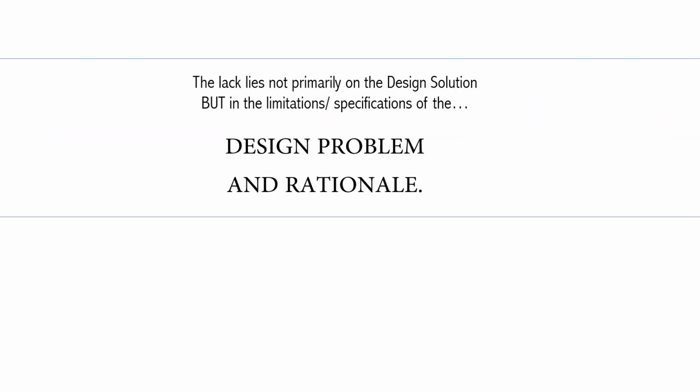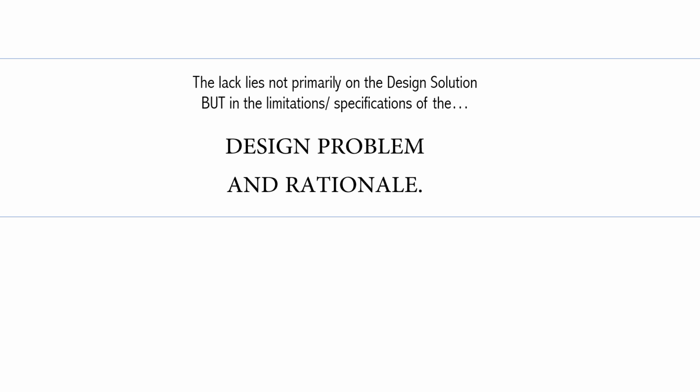Okay, so the lack lies not primarily in your design solution, but in the limitations and the specifications of the design problem and rationale. So the word is why: why that space, why that end wall, why those furniture, why that window.